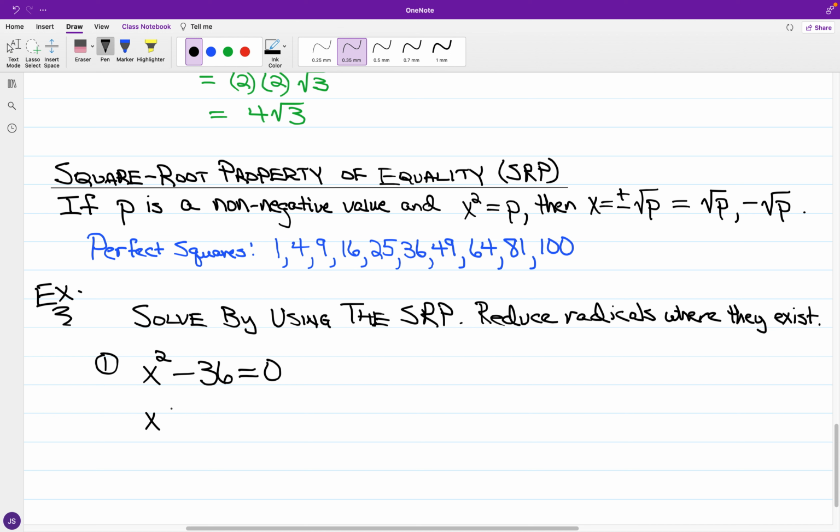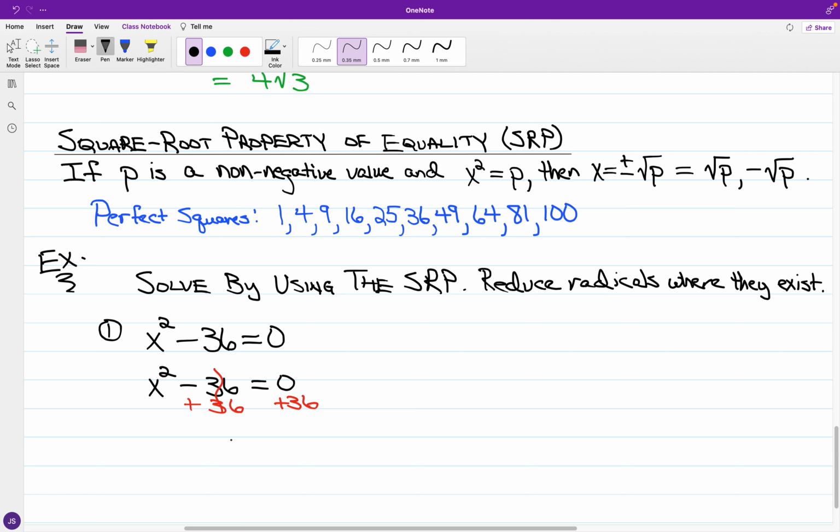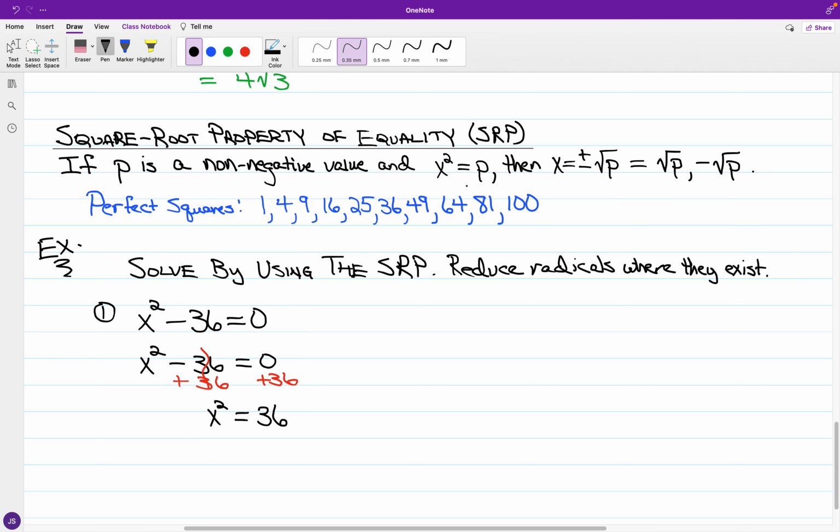okay, so we're going to isolate what we have representing x squared. So I'm going to move the 36 to the other side. And upon doing so, we have x squared is equal to 36. So we got x squared represented by itself. Now p is going to be represented by 36.